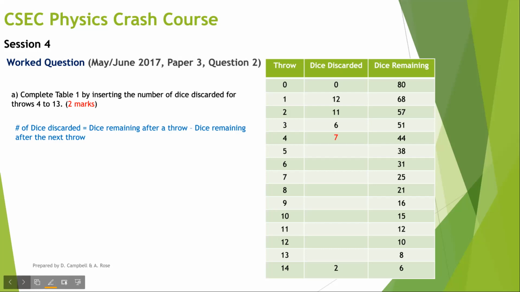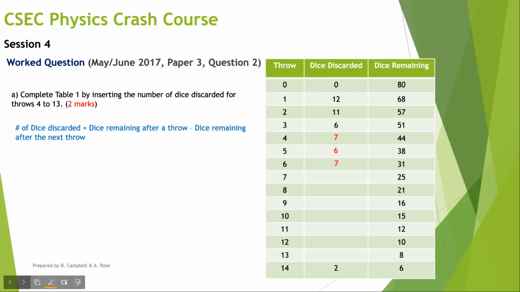So we would use that same procedure to work out the dice discarded for throws 4 to 13. We would subtract 44 from 51, that gives us 7. Then we can subtract 38 from 44, that will give us 6. And then subtract 31 from 38, that's equal to 7.